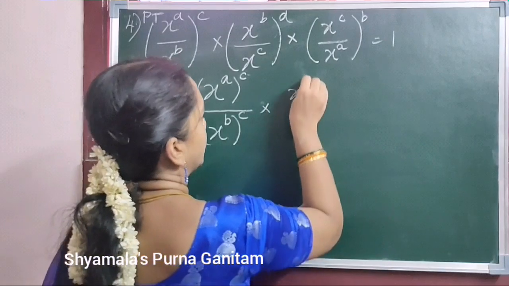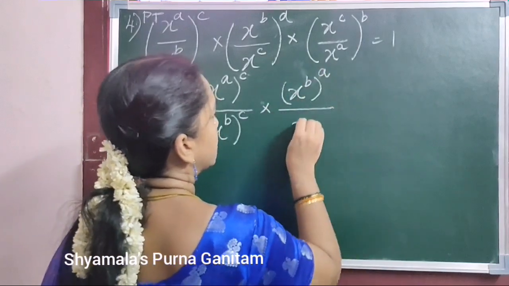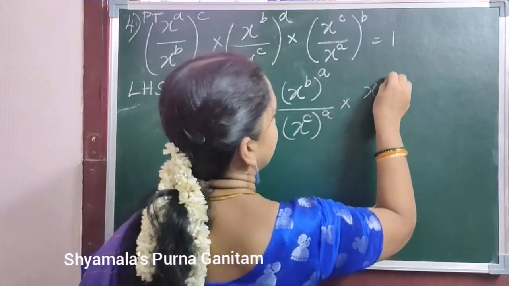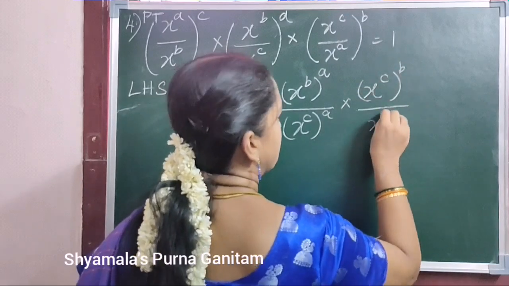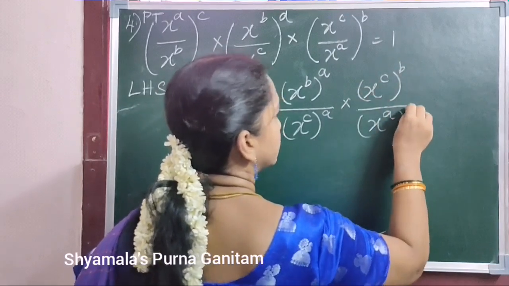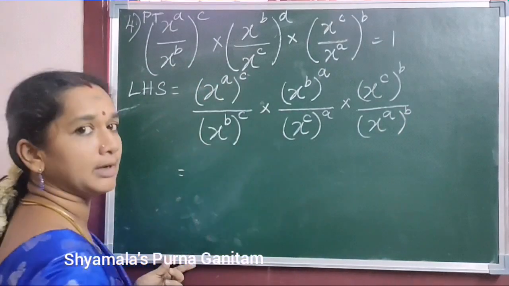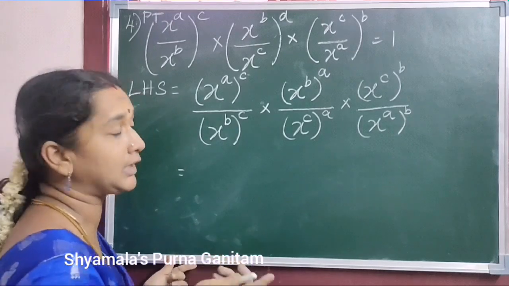Same way others also will write (x power B) whole power A by (x power C) whole power A into (x power C) whole power B by (x power A) whole power B. Okay. So if you have powers like this, that has to be multiplied. (A power P) whole power Q is A power PQ.